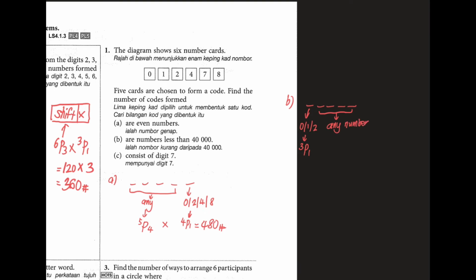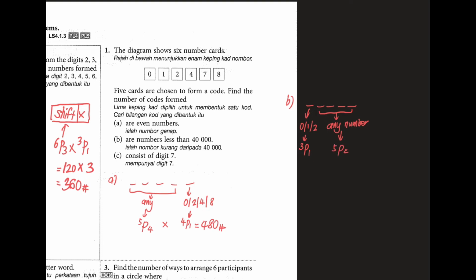After that, the 4 digits that remain can be any number except the one that has been used in the first position. So you have 6 numbers altogether. One has been used at the first position. So we still have a remaining of 5 numbers. And you put them in 4 positions. So we call this 5p4.